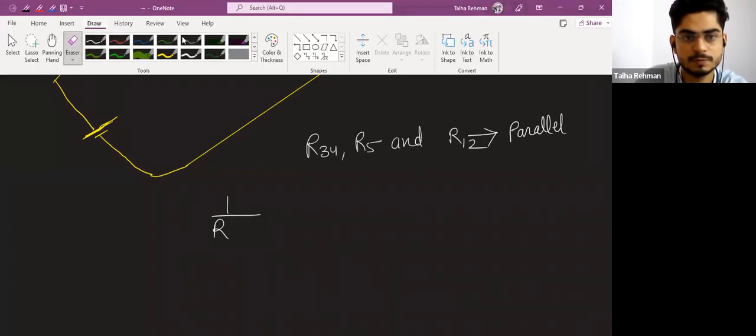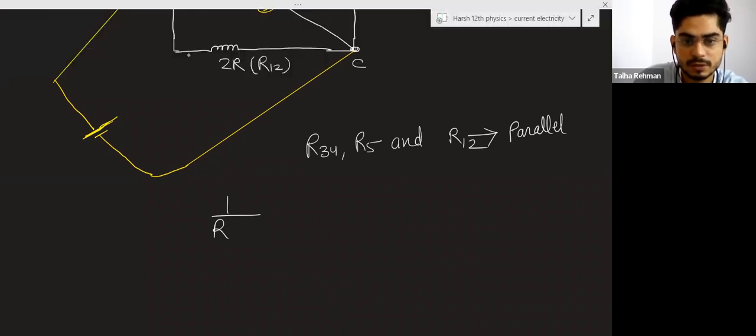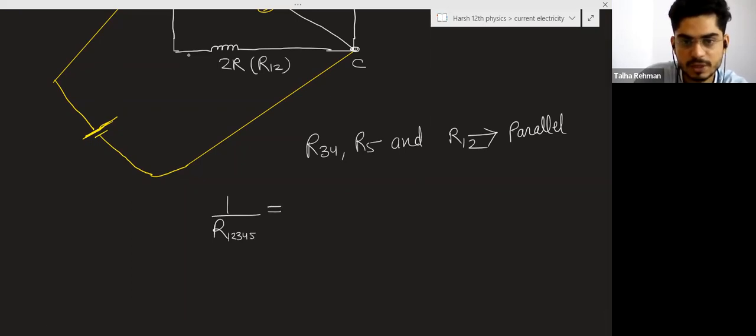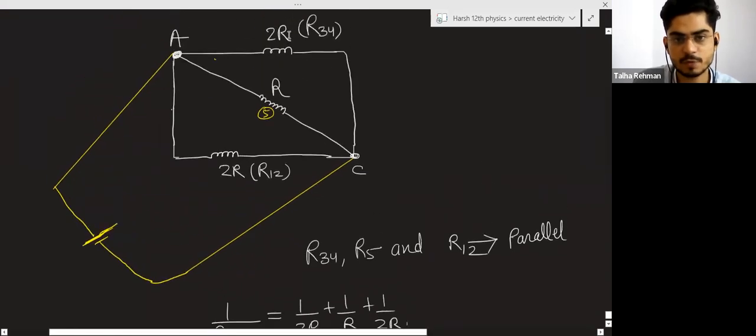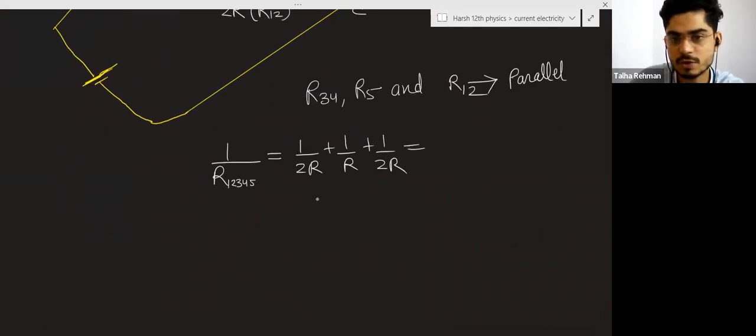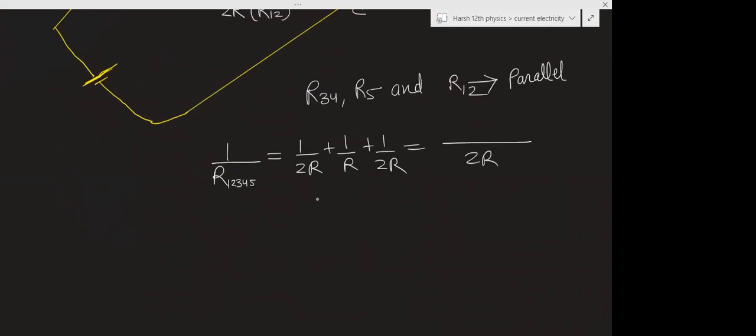Okay, no problem. Just wait. 1, 2, 3, 4, and 5. This is the equivalent resistance. So this is 1 upon 2R plus 1 upon R plus 1 upon 2R. I have written this because this is a parallel combination. Take the LCM. What is the LCM? 2R is the LCM. So here is 1, here is 2, here is 1.